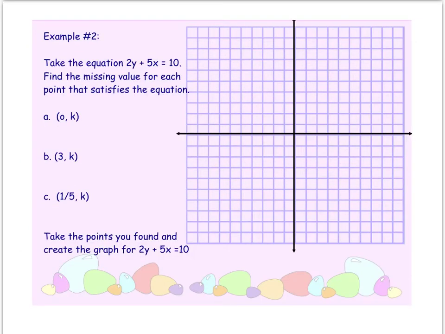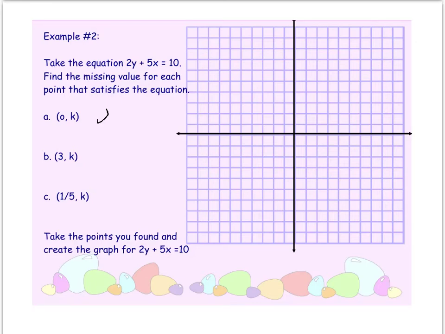Okay, so here we're going to take another example. Here we have the equation 2y plus 5x equals 10. And I want to find the missing value for each point that satisfies the equation. The missing value is going to be represented by k. So here I have 0, k.